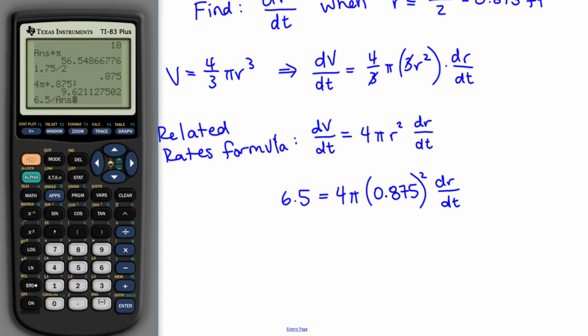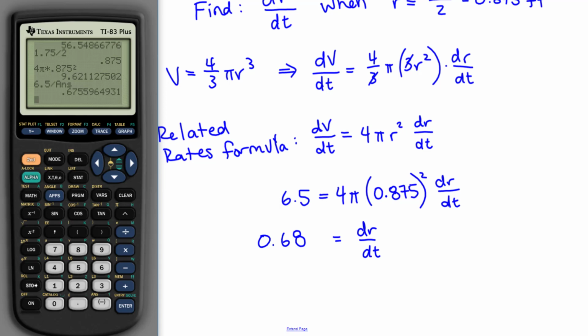So dividing, I end up with 0.68 is my dr dt. So that's the rate of change of the radius. Our original variables were cubic feet per minute.